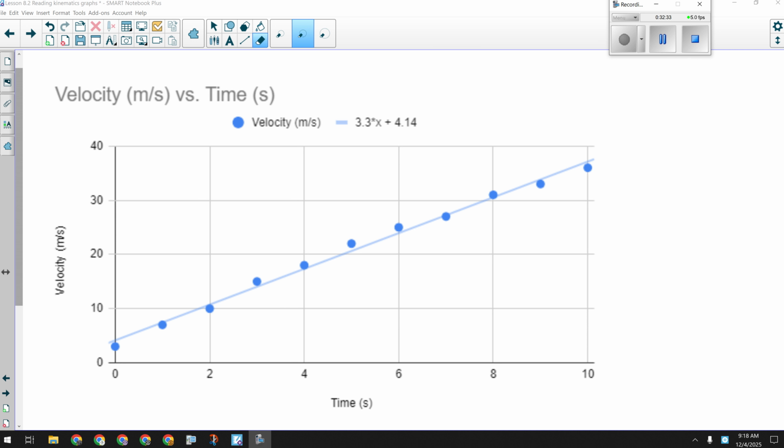I know this one doesn't make a perfect triangle because it doesn't start at 0. So if I'm looking at this graph, would it make 2 shapes? Right, makes a triangle and a rectangle.